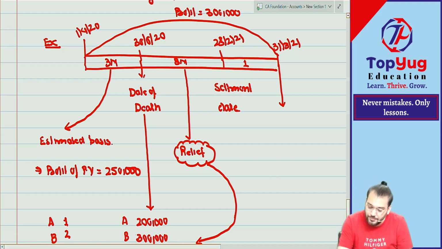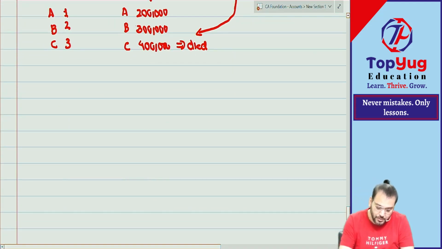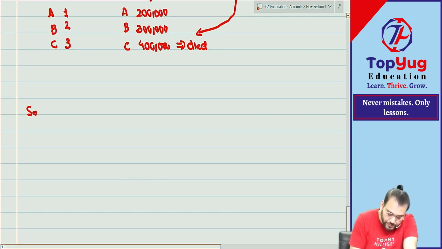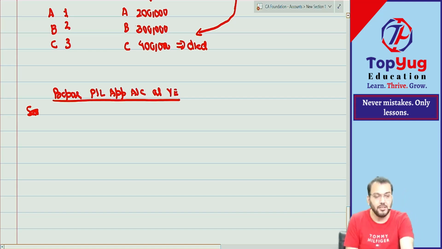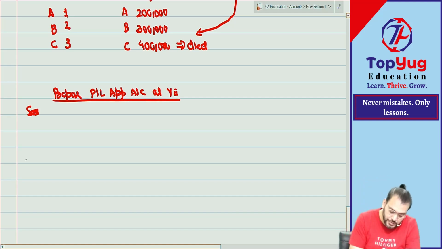Correct. Now batao. First, solution. Means just prepare which account? Prepare PL appropriation account at year end. Understood? Solution.